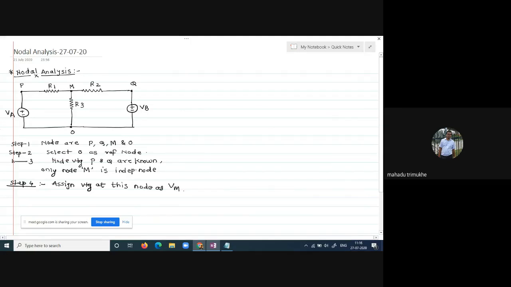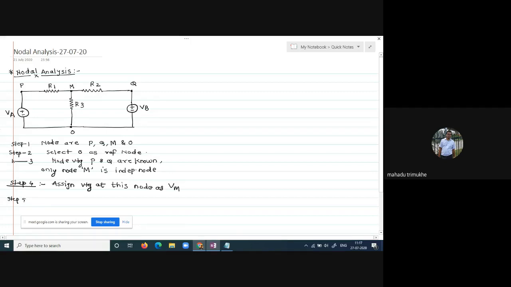So we have to assign voltage to the independent node, that is VM. Okay, that is step number four. Step number five is to write KCL equations for all independent nodes. So we have to write the KCL equations for all independent nodes. That is step number five.